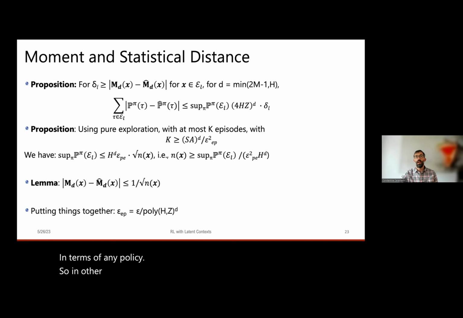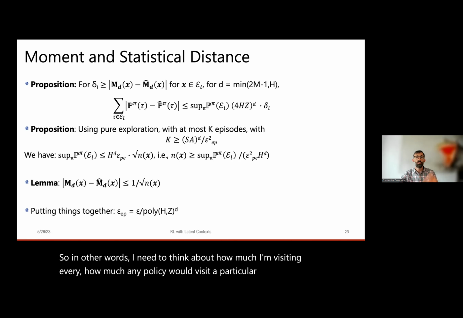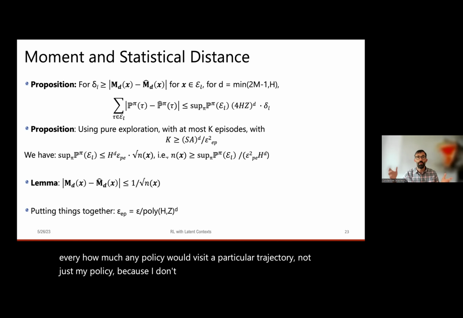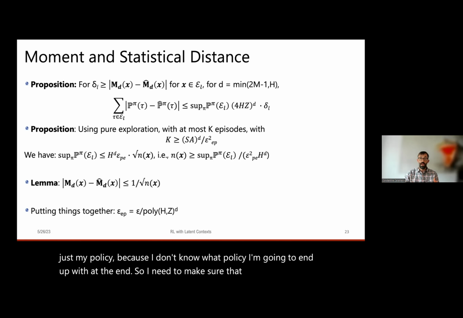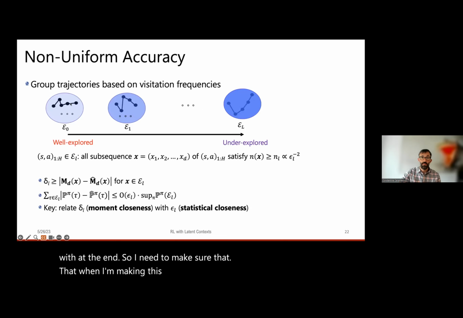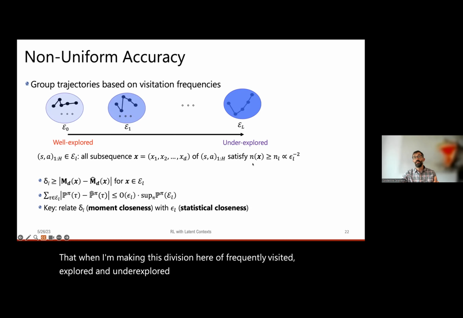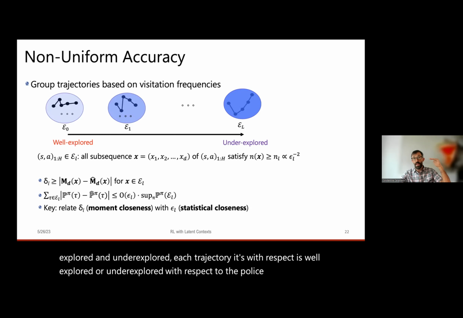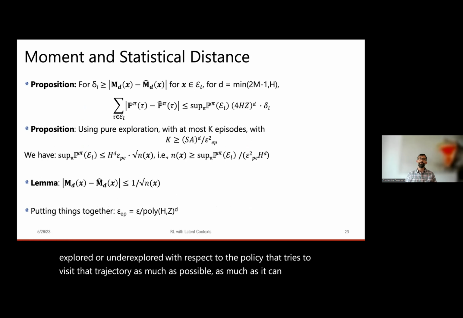So in other words, I need to think about how much any policy would visit a particular trajectory, not just my policy, because I don't know what policy I'm going to end up with at the end. So I need to make sure that when I'm making this division here of frequently visited, well explored, and underexplored, each trajectory is well explored or underexplored with respect to the policy that tries to visit that trajectory as much as it can.